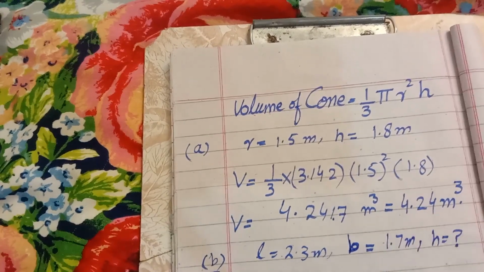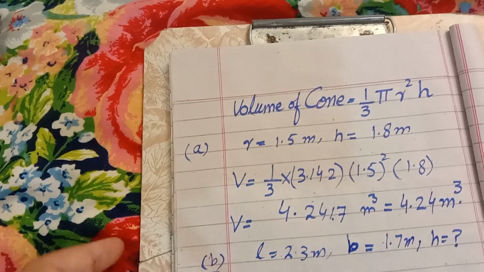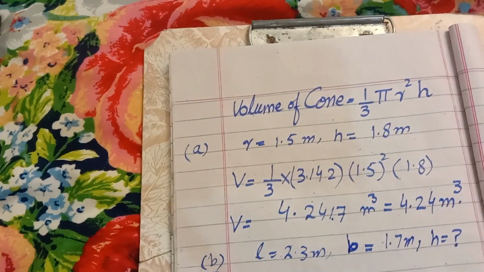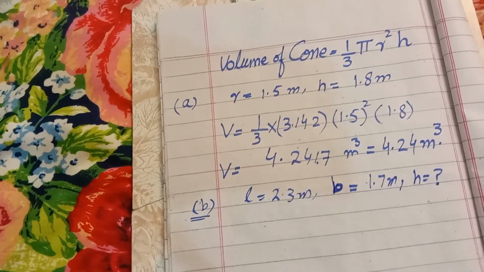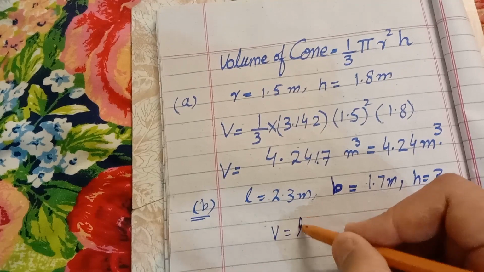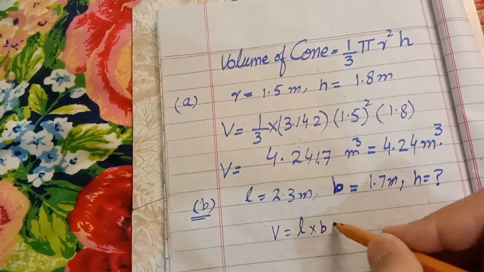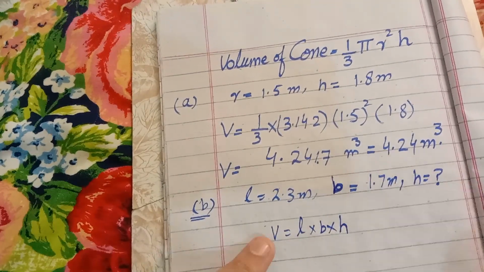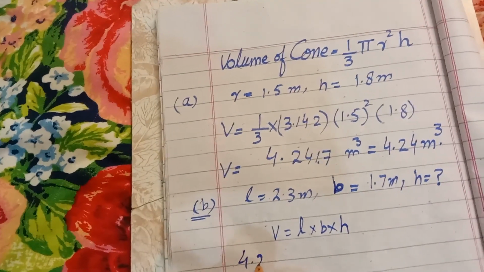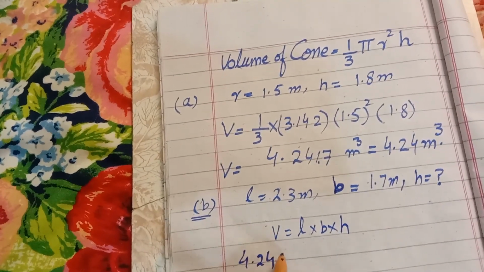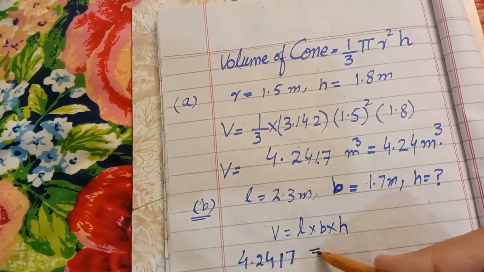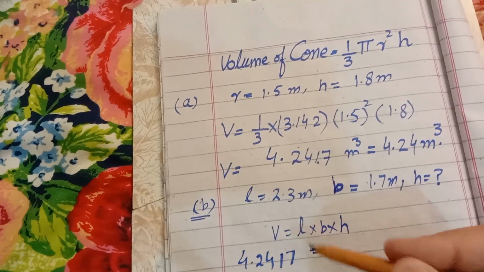Okay, so volume of this pit should be equal to volume of sand, because sand was dug out from this pit. So we write it, volume is equal to length into breadth into height, and this volume is given as 4.2417. I write it correct to the whole number so that we get the accurate answer.